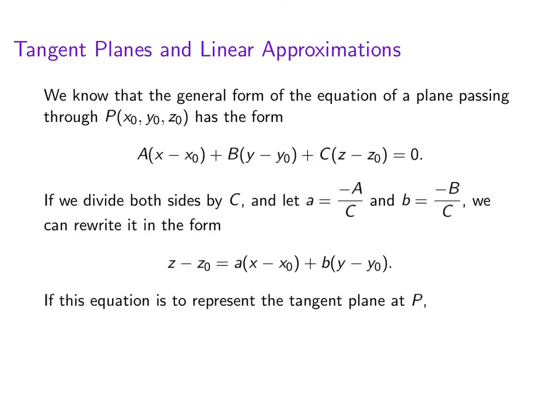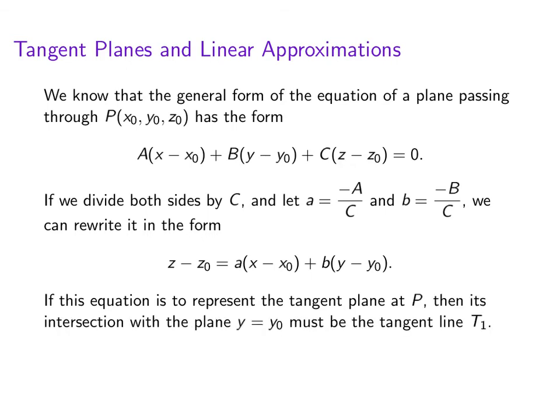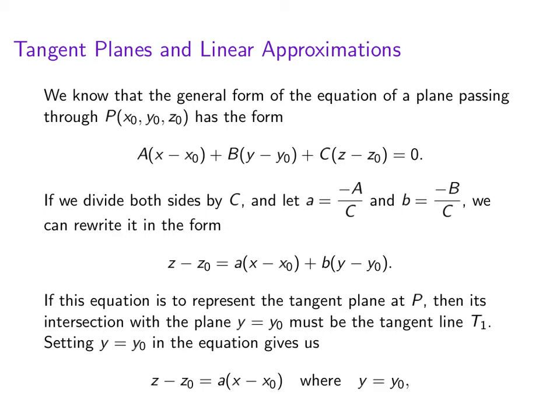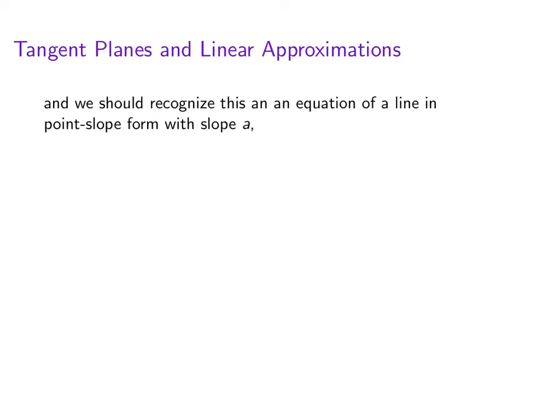Now we want this to represent the tangent plane at P. So if we intersect with the plane y equals y0, it has to be the tangent line T1. And if we plug in y equals y0 in the equation, then we get z minus z0 equals a times x minus x0. That's an equation of a line. And we have to recognize this as an equation of a line in point-slope form with slope a, lying in the plane y equals y0.